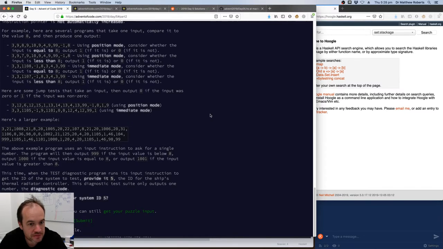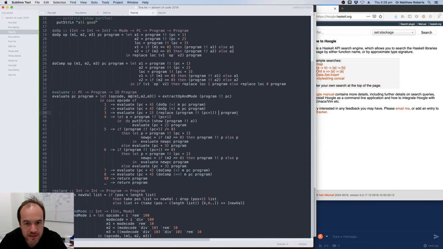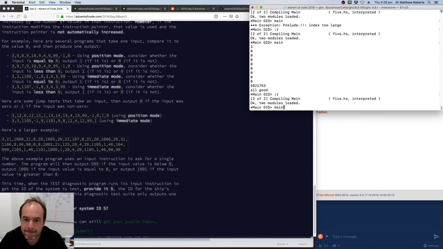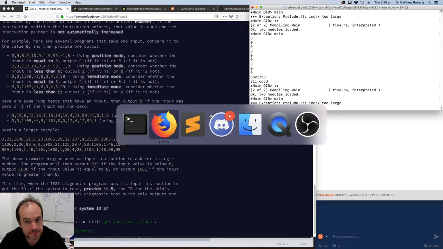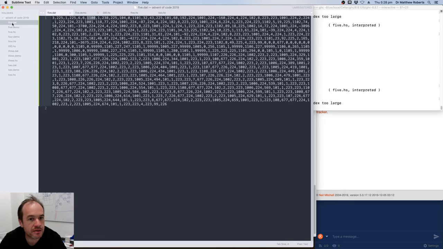Provided 5. Diagnostic suite should only output 1 number. Diagnostic code. Too large again. Pretty unhappy about that. Let's just check we've got the whole program in here.